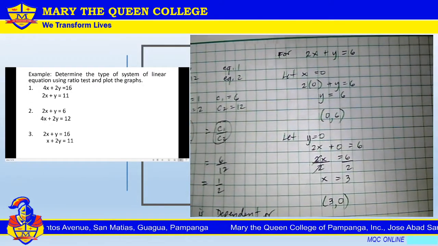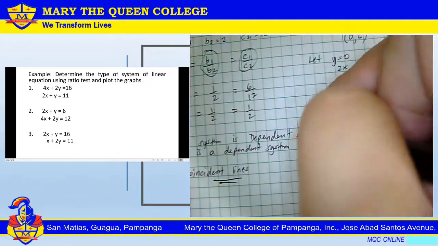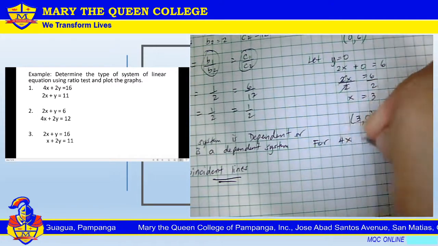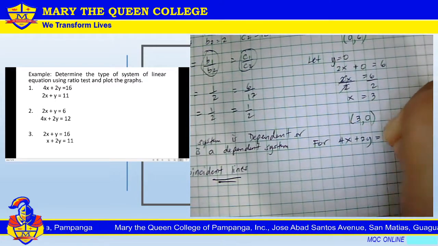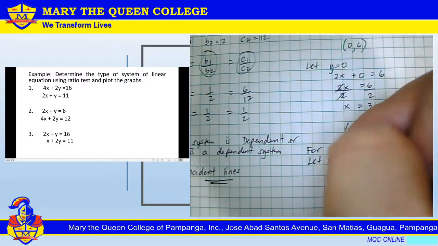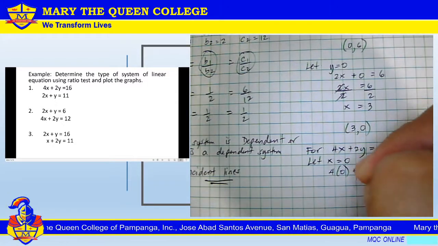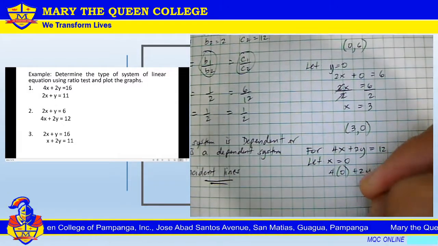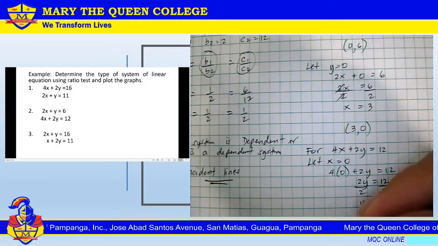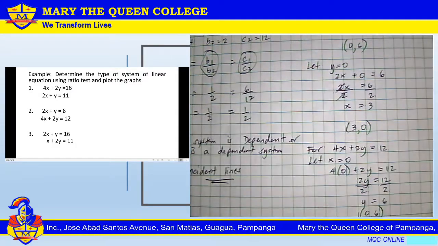Then for our next equation, 4x plus 2y equals 12, let x equal 0. Then we have 4 times 0 plus 2y equals 12. So 2y equals 12, dividing both sides by 2, then y equals positive 6. So you will have 0, positive 6.